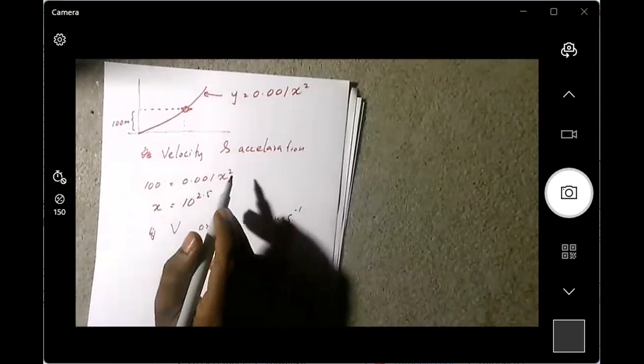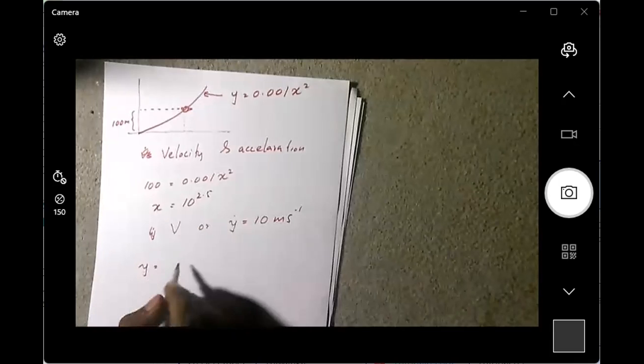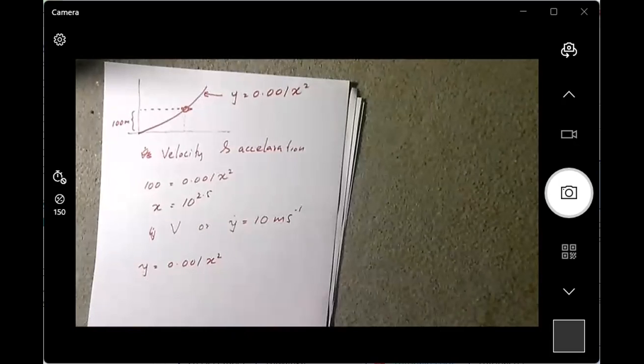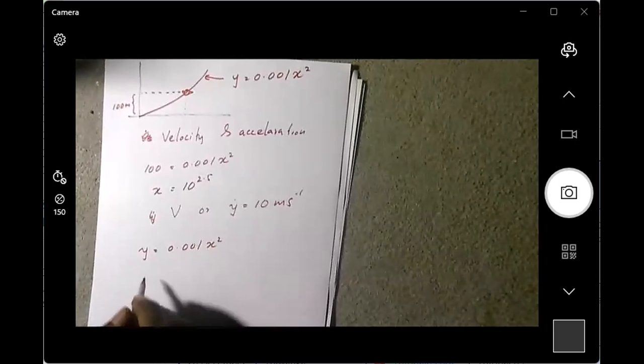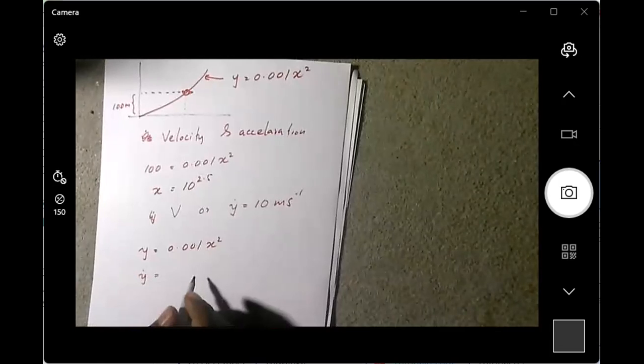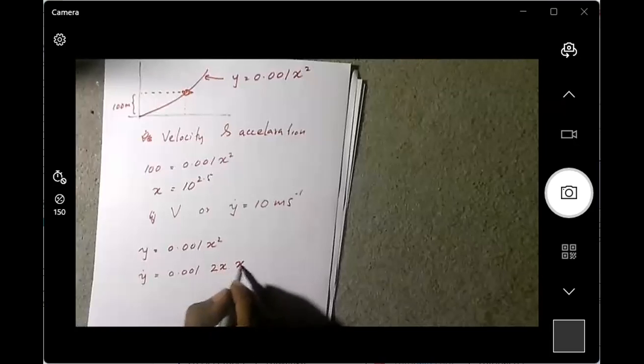To find velocity, we have the path y equals 0.001 x squared. We can differentiate this, right? Once you differentiate with respect to time, what will you get? y dot equals 0.001 into 2x into x dot, right?